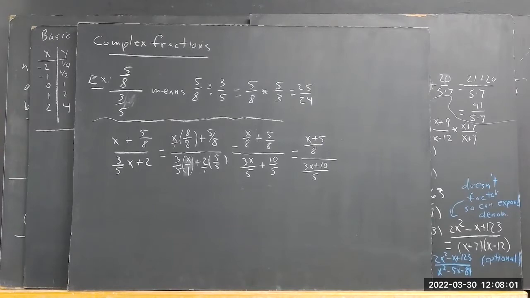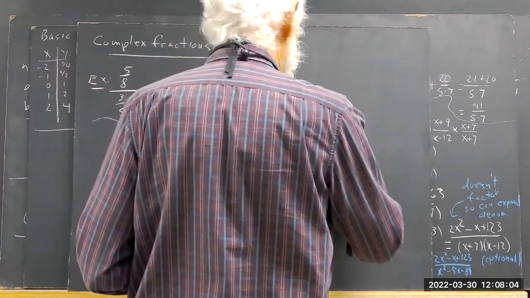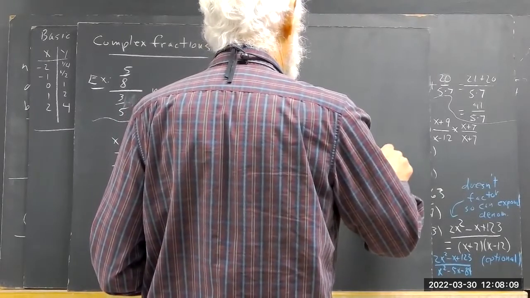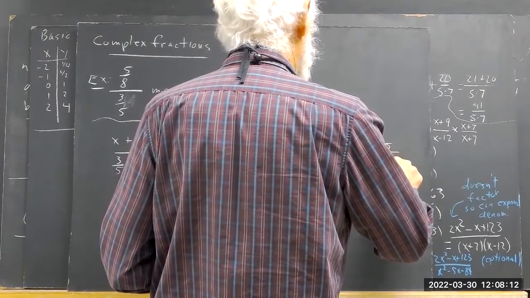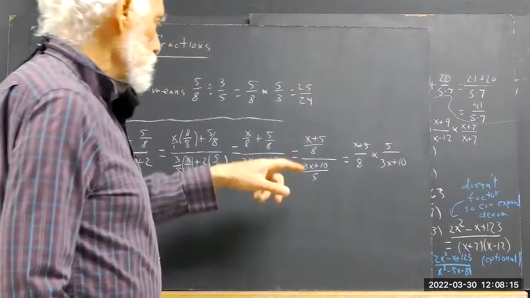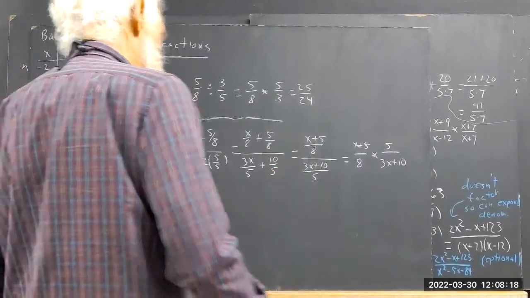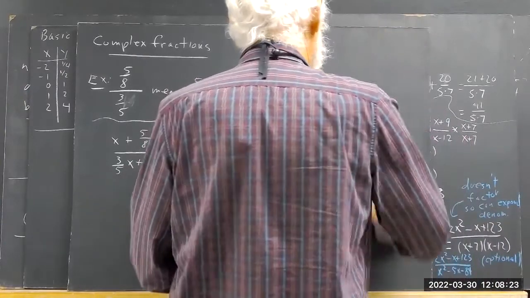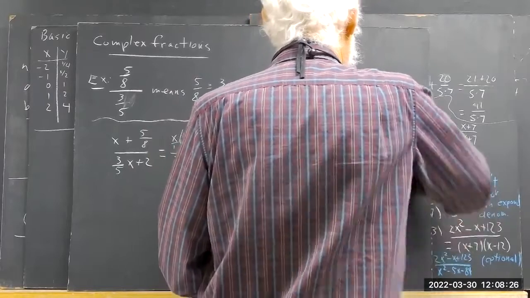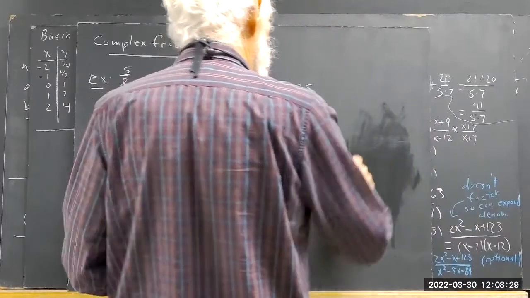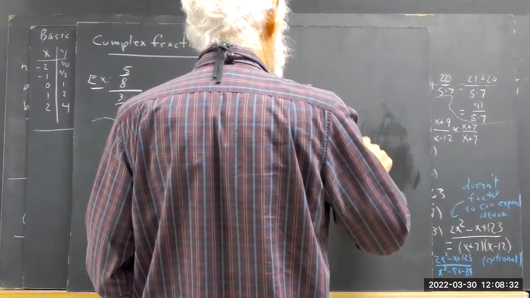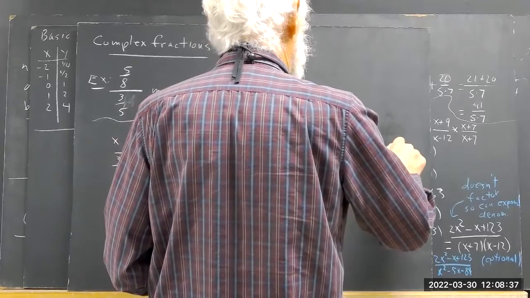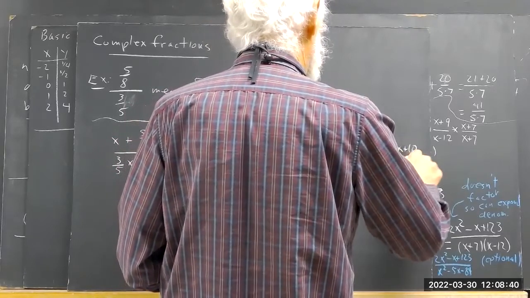Okay. And that equals, well, that's a division. Actually, I'm skipping a step. I want to do that. That equals x plus 5 over 8 divided by 3x plus 10 over 5.